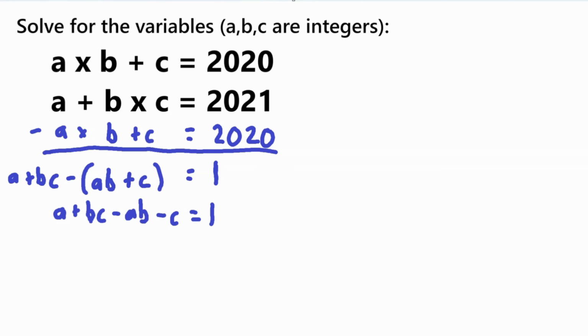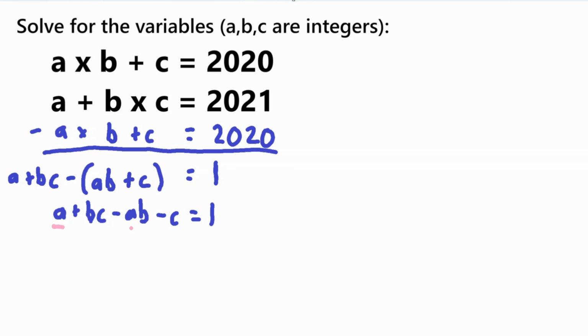So now we got this equation where every variable shows up twice, and we can actually do some factoring here. I see that these two terms both have an a. So let me underline them with a different color.